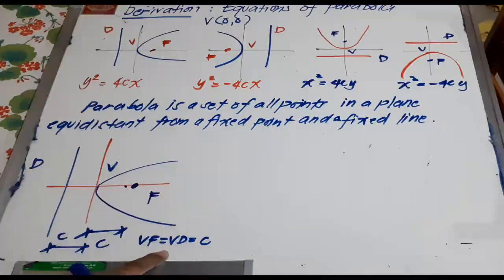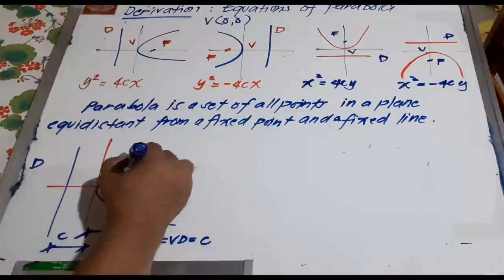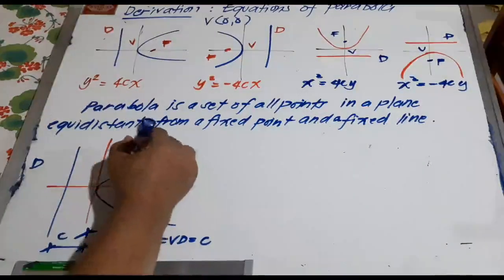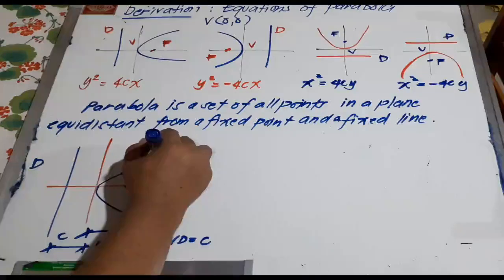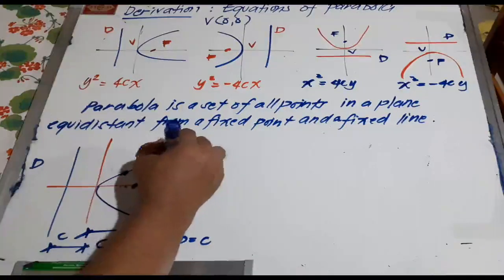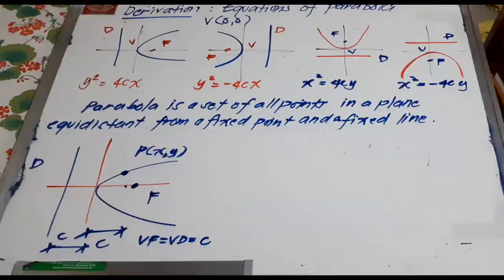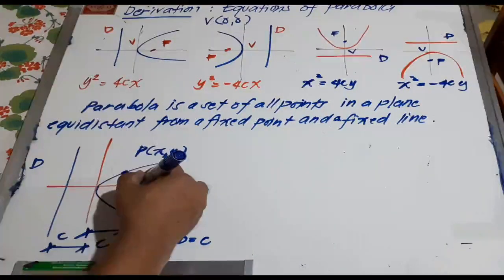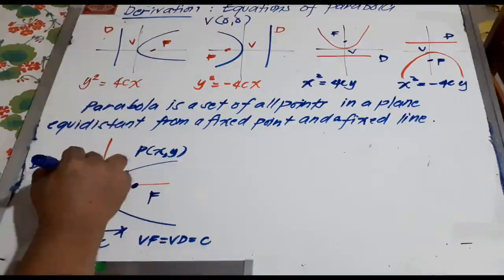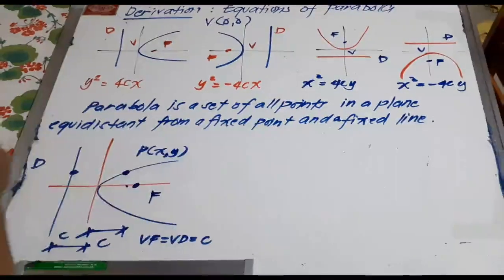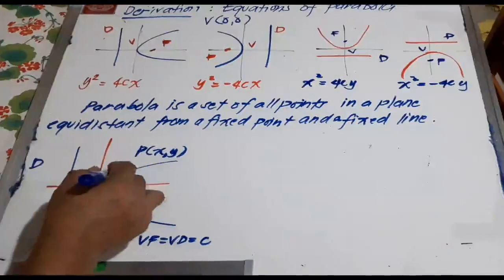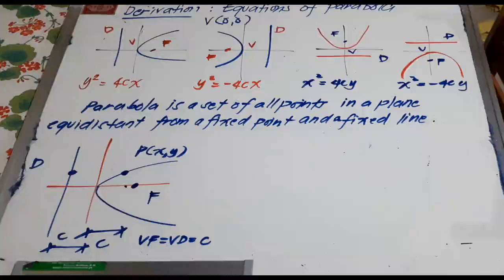Okay? Now, if we have here one point on our curve or parabola, we call this point P. And let's say the coordinates of this point is x, y. Okay? And we said this point is equidistant to the focus and to the directrix. The distance to the directrix should be the horizontal or perpendicular distance of that point to the directrix.